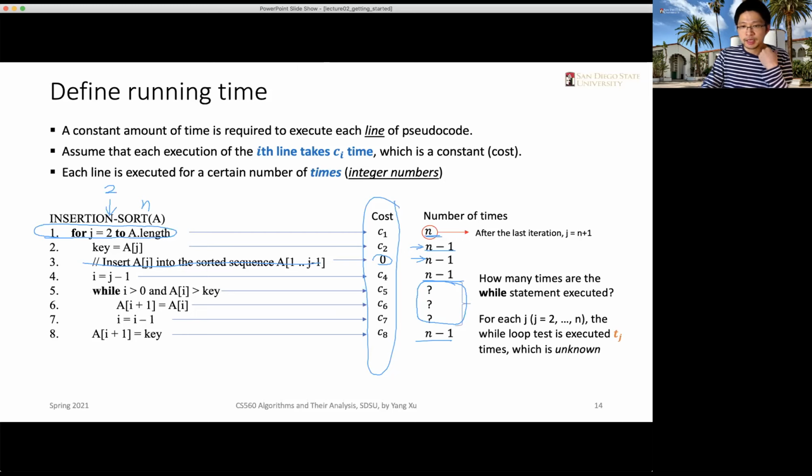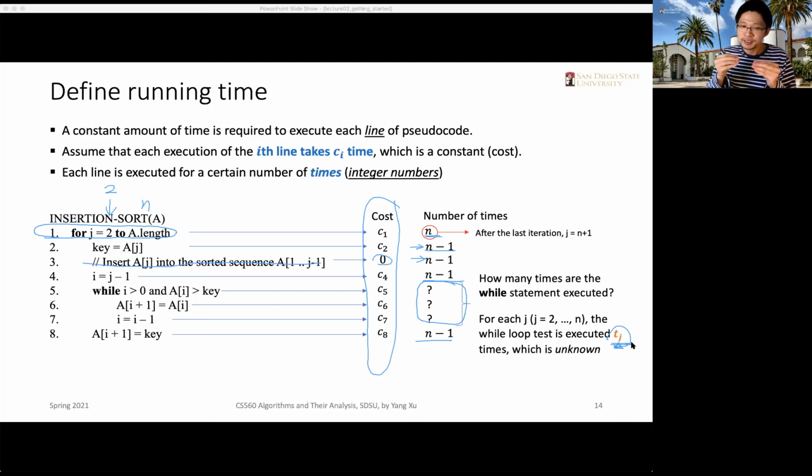We can assume that for each iteration of the outer for loop, j, which ranges from 2 to n, the while loop test is executed tj times, where j is the subscript, because this quantity tj is related to j.